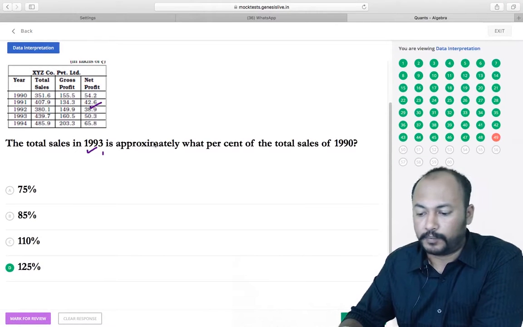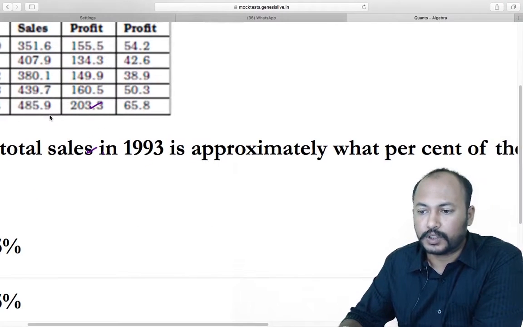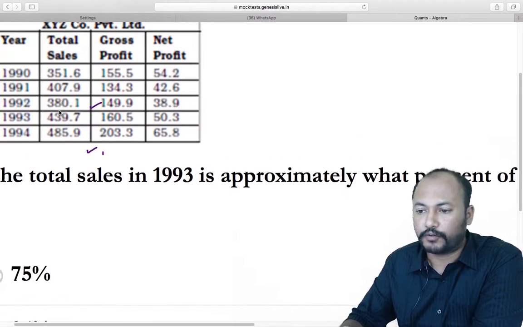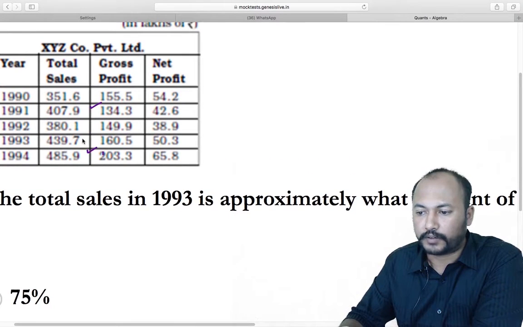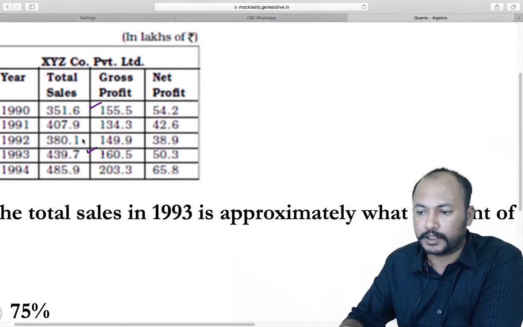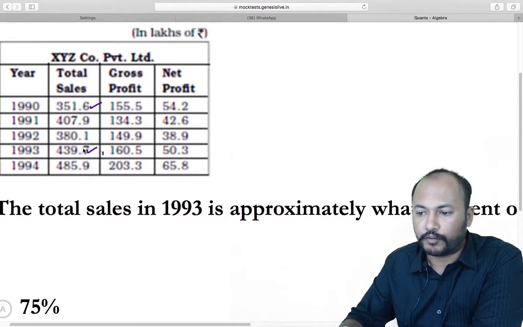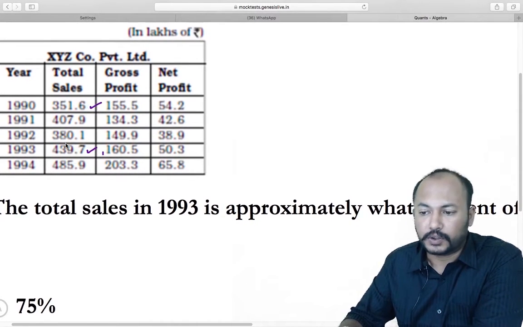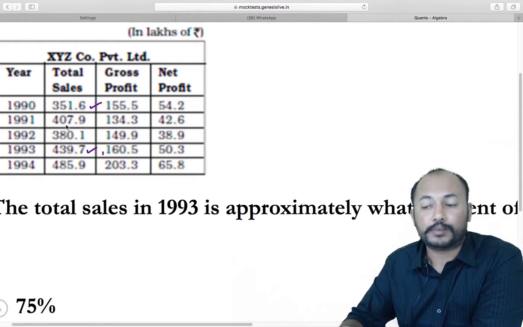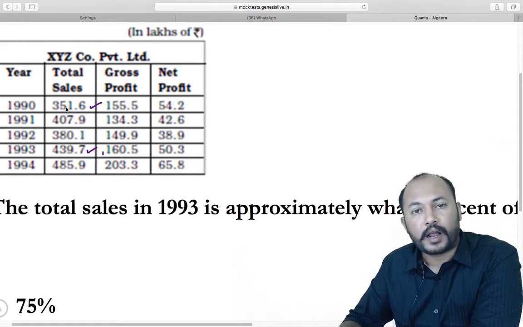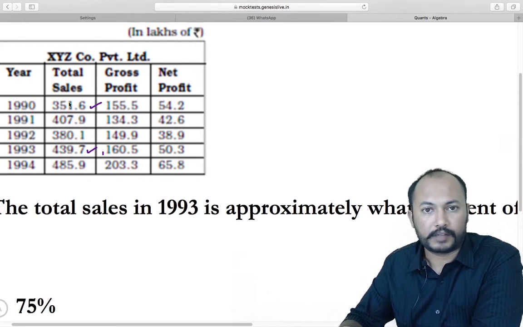Is that clear? What I have done is, the comparison is between 439.7 and 351.6, and the question is what percentage of the latter the former is. 439 is more than 351, so it has to be more than 100% of 351.